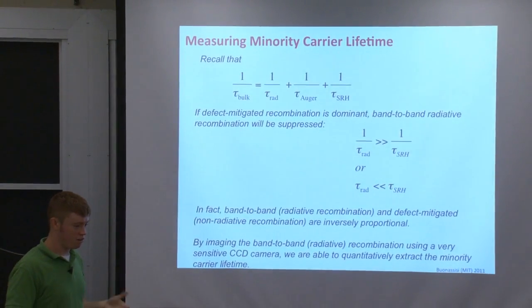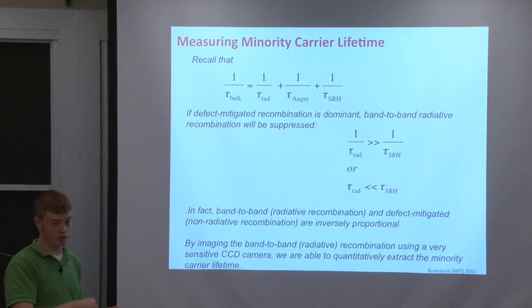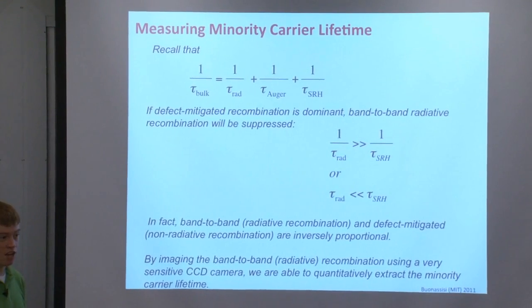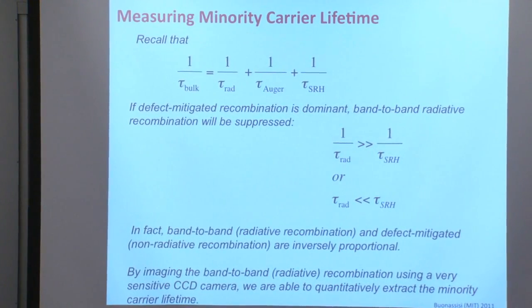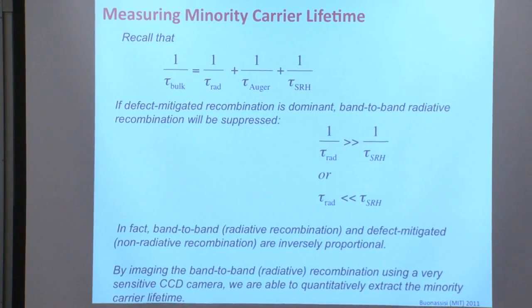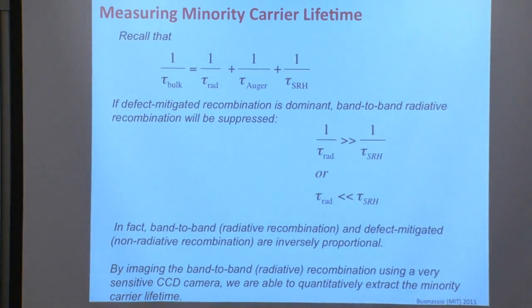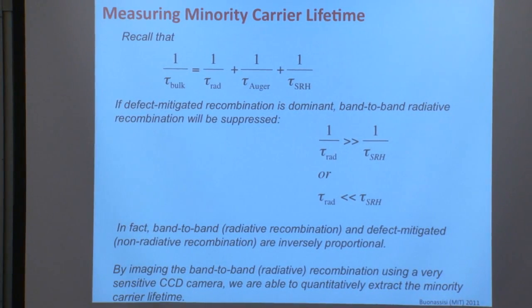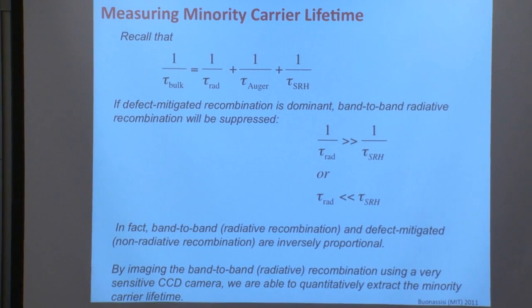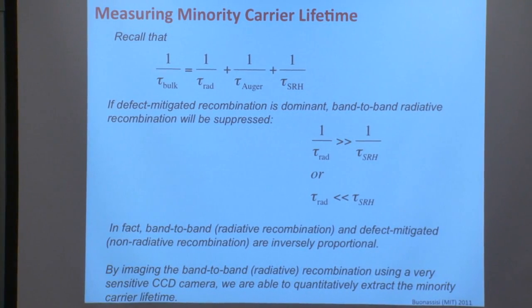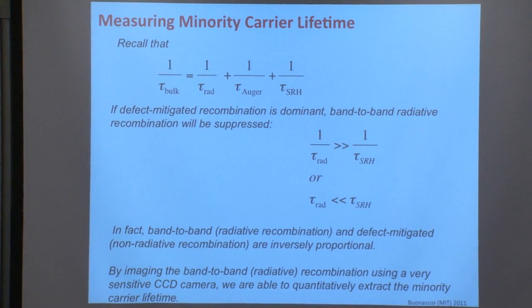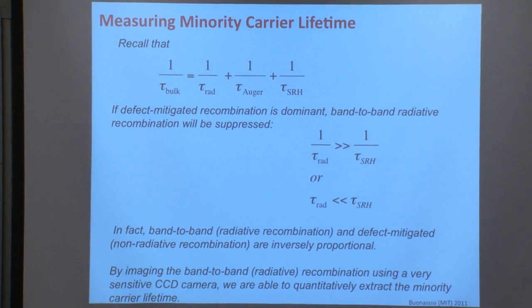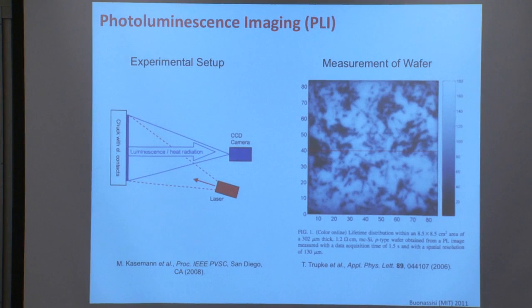Very few carriers will actually radiatively recombine and emit a photon. If more of them are radiatively recombining, then we know it's a very high lifetime material. If there's a lot of defects and very short lifetimes, very few of them will radiatively recombine. So this emission of photons with energy at the band gap can give us an idea of the lifetime within our material. And that's how we measure. It's a technique called photoluminescence.